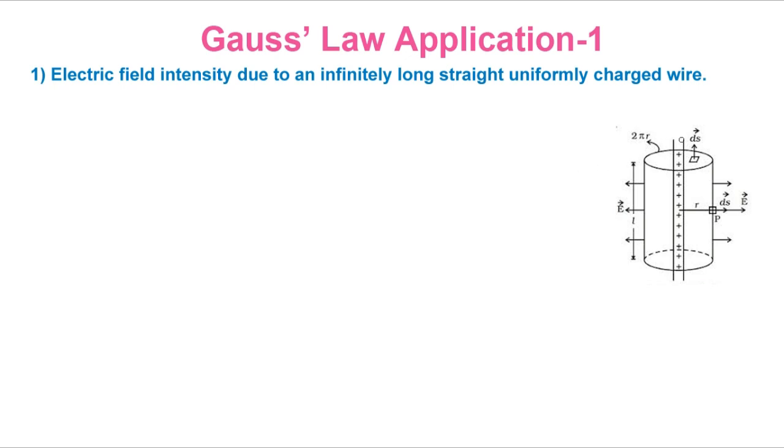Just observe this diagram. This is an infinitely long straight conductor, a long straight uniformly charged wire. Here is a cylinder shape, the Gaussian cylinder, which we imagine. Here is the area ds that I selected, which I take as the first part.